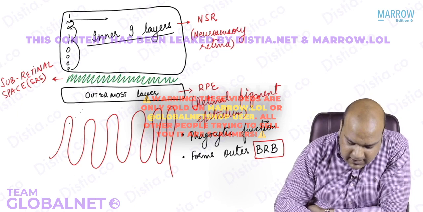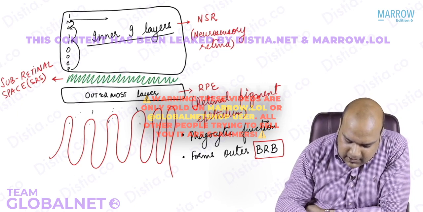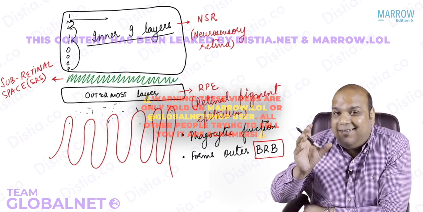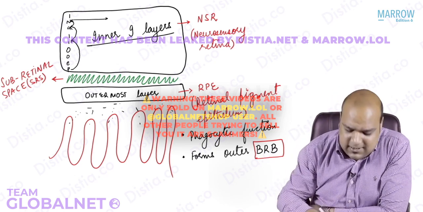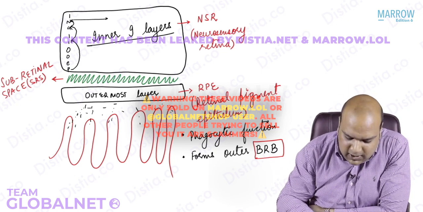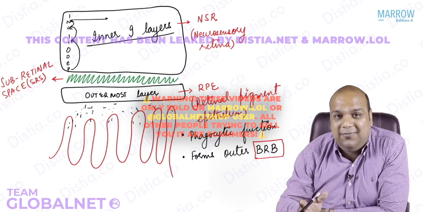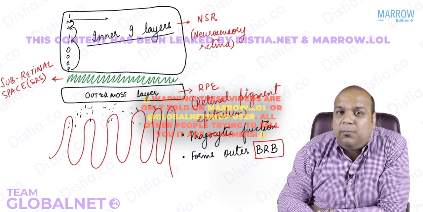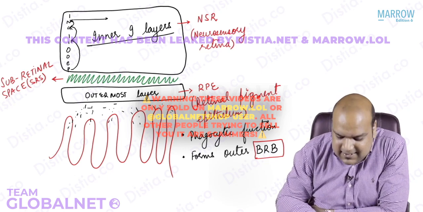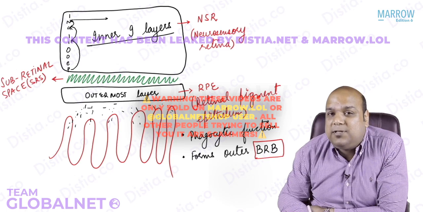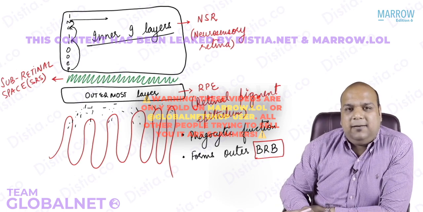So whenever any fluid is leaking, everybody, the fluid wants to find a space. If I tell a story, the choroidal vessels know that there is a space, subretinal space, where they want to leak all their fluid, everybody. Yes or no? What is preventing this fluid or this blood, everybody, from coming inside the retina? And that is the retinal pigment epithelium. That is why we say RPE forms the outer blood retinal barrier.